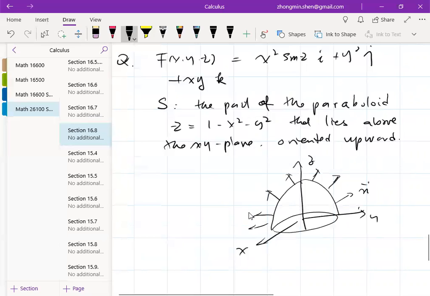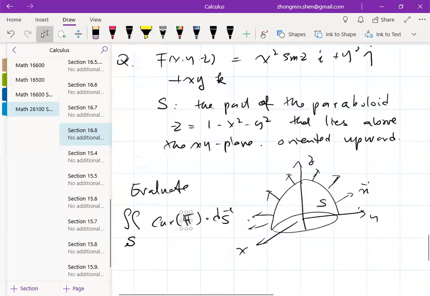So we want to evaluate this surface integral of the curl of the vector field. Okay, so how do you do that directly? First of all, you have to compute the curl of the vector field, which involves partial derivatives of F. Then you have to find the normal vector field. Then you find the inner product.